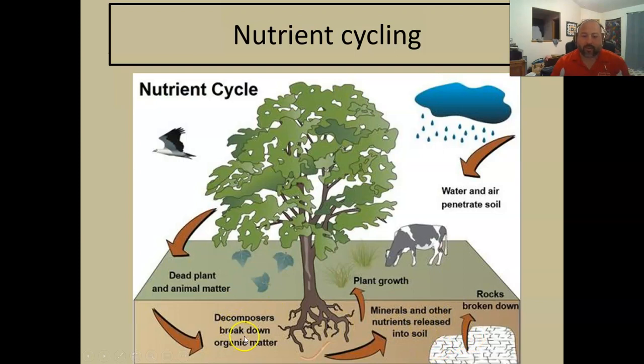We get decomposers, all those microorganisms that we talked about in the soil breaking down organic matter so that it becomes essential nutrients again, and then we've got minerals and other nutrients that are released into the soil or released into the plant, helping the plant grow. And that's how we cycle through nutrients within the soil.